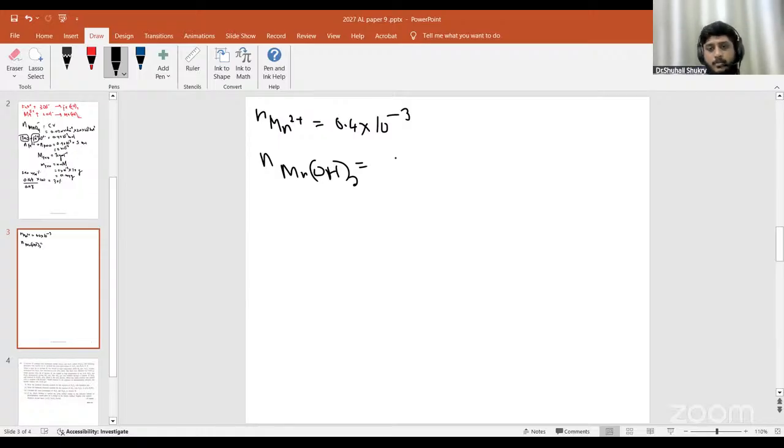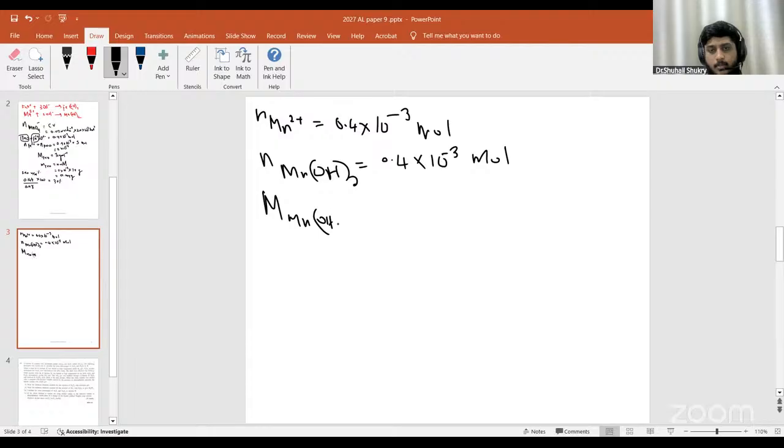If you know the manganese hydroxide moles, then I can get the capital M of manganese hydroxide, I mean, the molar mass of manganese hydroxide.